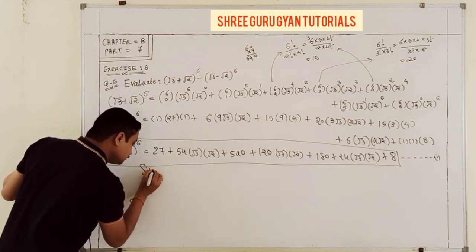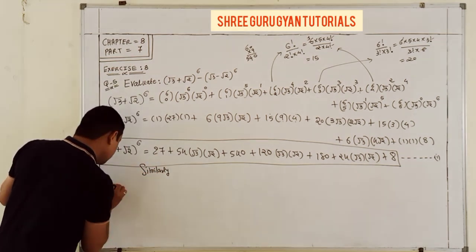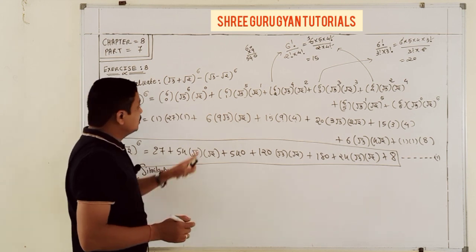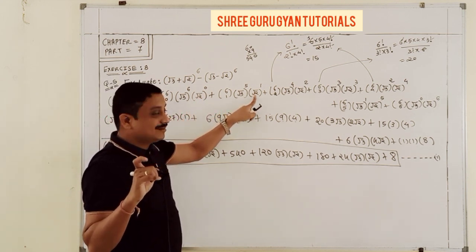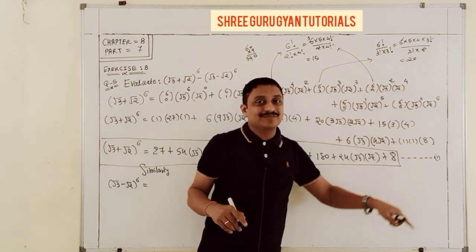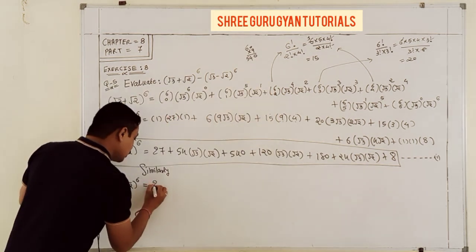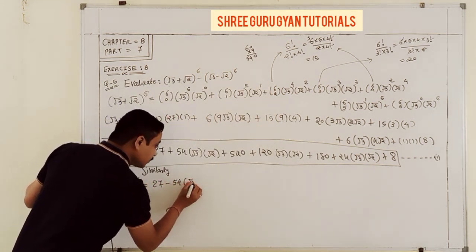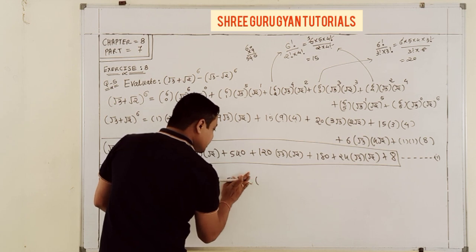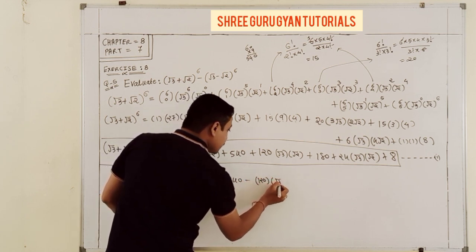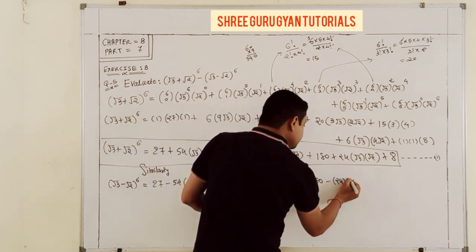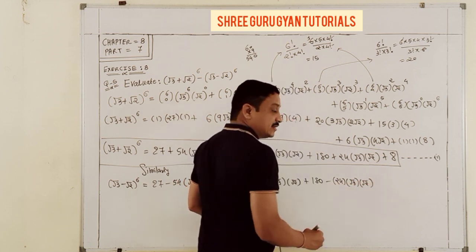Similarly, (√3 − √2)^6: only the √2 is negative, so the signs go positive, negative, positive, negative, positive, negative, positive. Here I write 27, it becomes minus, the same here, plus, it becomes minus. Continue: plus, again minus, and that plus.